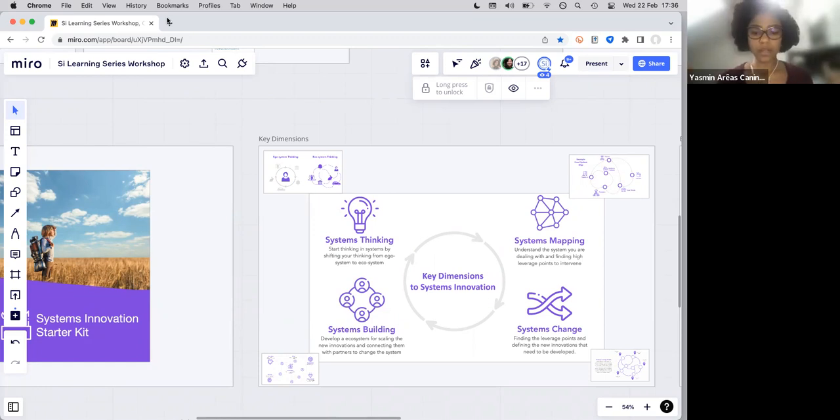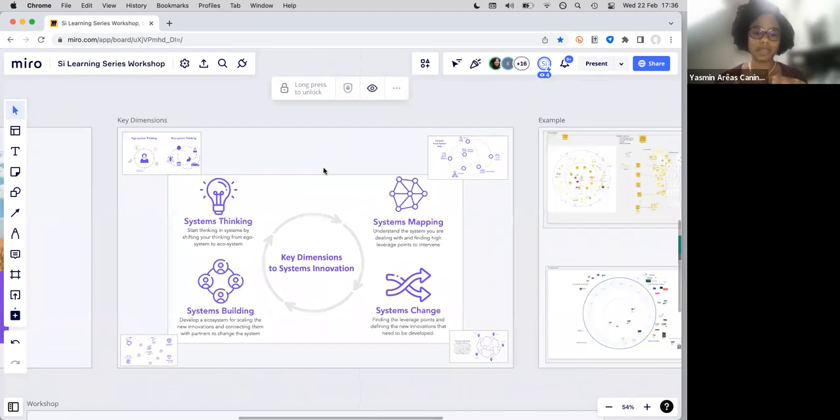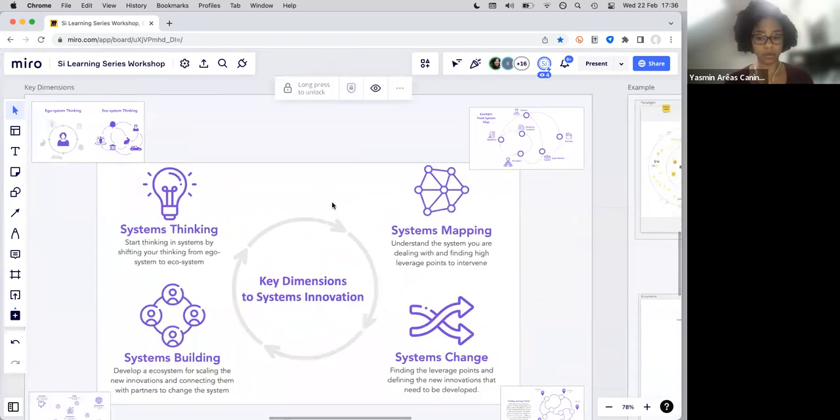Initially, we need to think differently about the challenge that we have at hand, right? The idea of the systems thinking approach is to move from a linear way of looking at the challenge to one that is non-linear. So it's a holistic way of looking at the world.